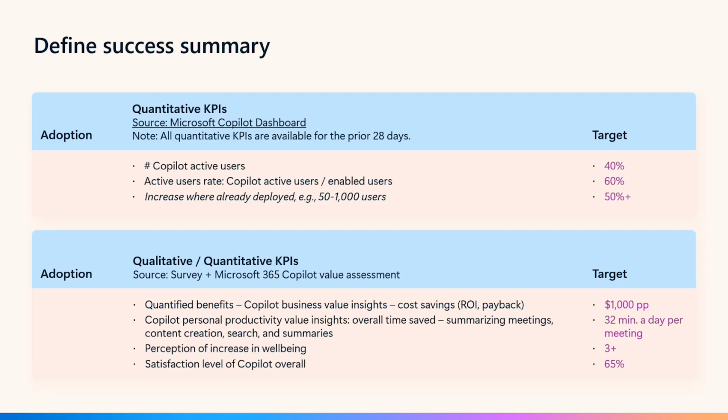Let's now talk about the qualitative one. As you see, I have the qualitative one here. So you leverage the business value calculator to calculate the cost saving, and especially when we are talking about the ROI, the payback, overall time saved from the survey question, perception of increase in well-being.